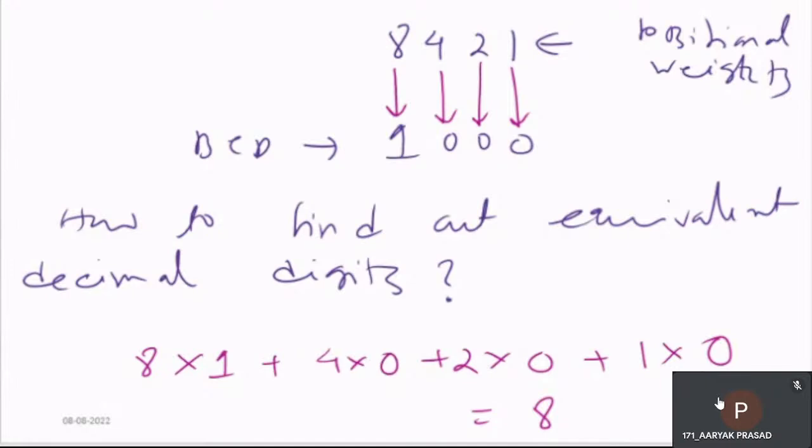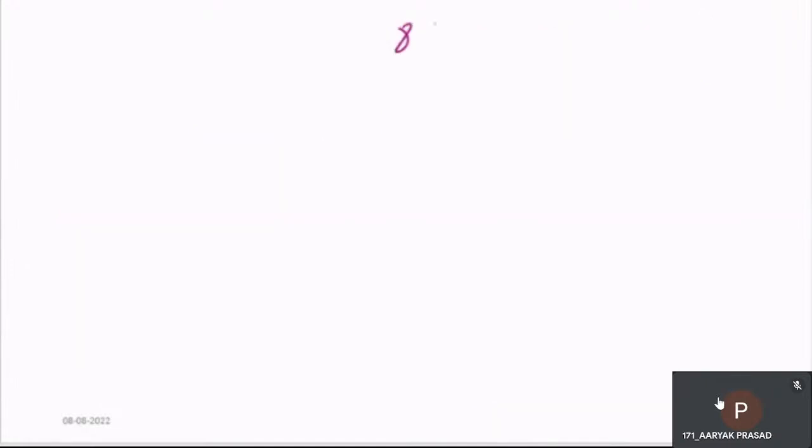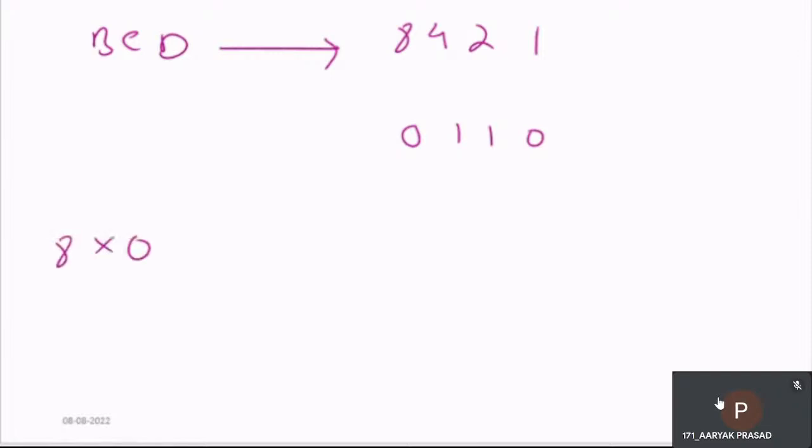What is the working of positional weights? I think you understood. I will take another example, 8421 code, which is nothing but your BCD code, and suppose it is 0110. The BCD code is 0110. So what is the equivalent decimal digit? 8 into 0 plus 4 into 1 plus 2 into 1 plus 1 into 0.